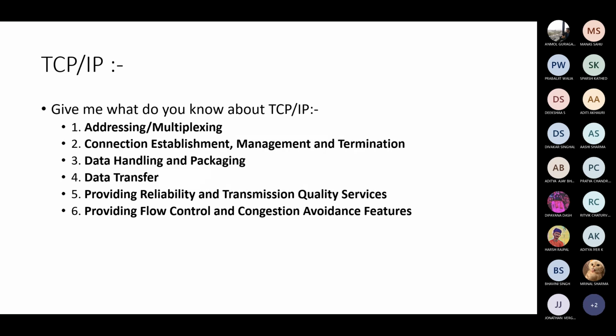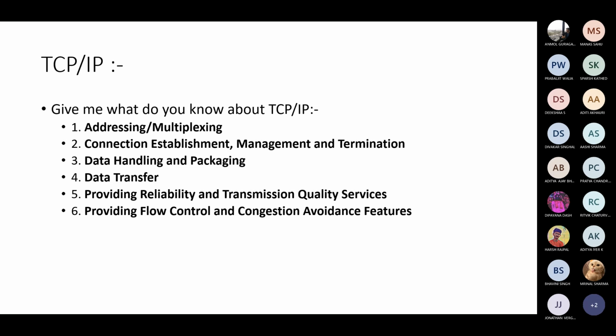We can say that the quality is very high as the connection is physical here. Providing flow control and congestion avoidance features. So congestion avoidance means no two or more resources should access the same information at the same time. That is called congestion here, which may lead to network congestion. So we can avoid congestion here by means of TCP.